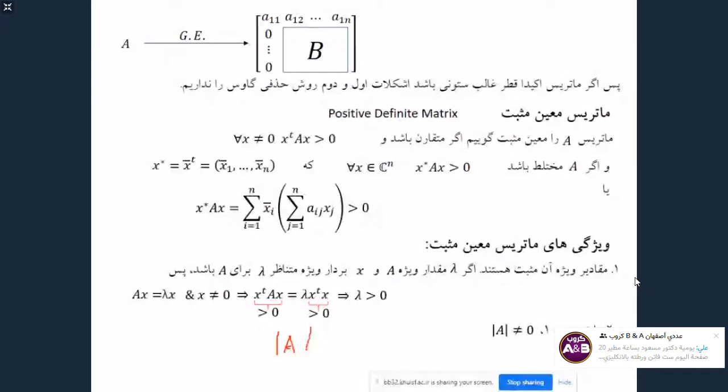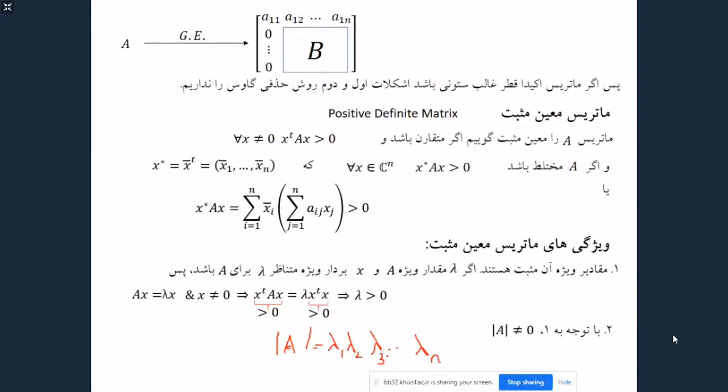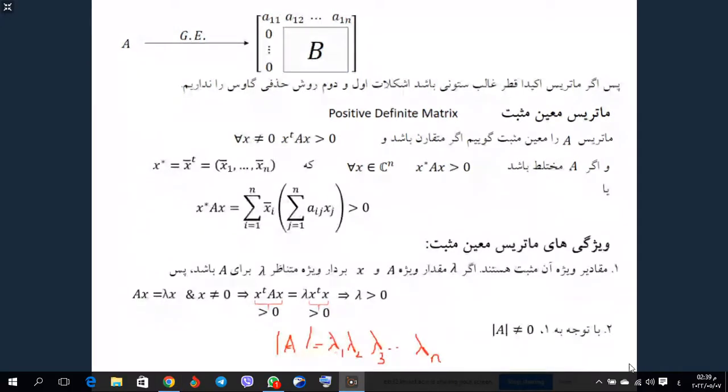determinant A is the product lambda 1, lambda 2, lambda 3, up to lambda n. All of these eigenvalues are real because this is a symmetric matrix, and all of them are positive because it's positive definite.